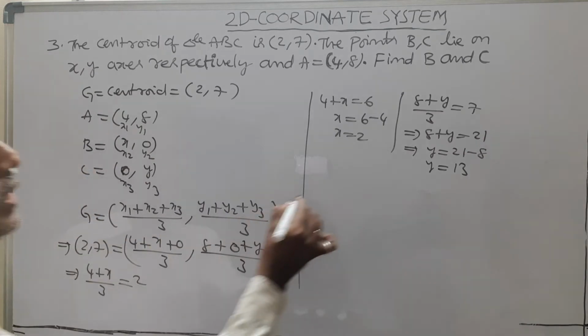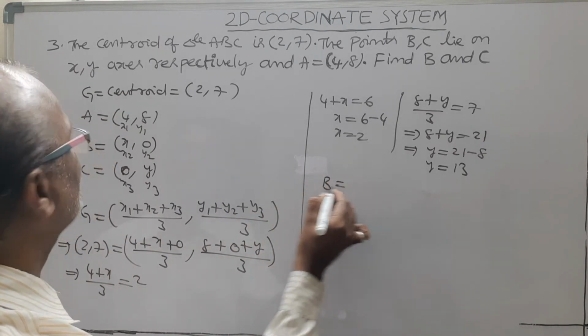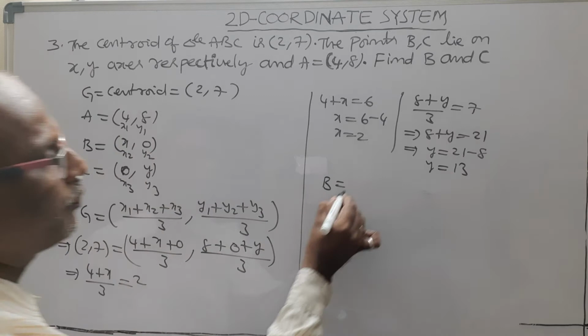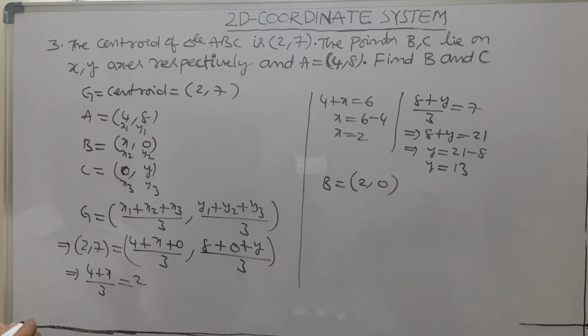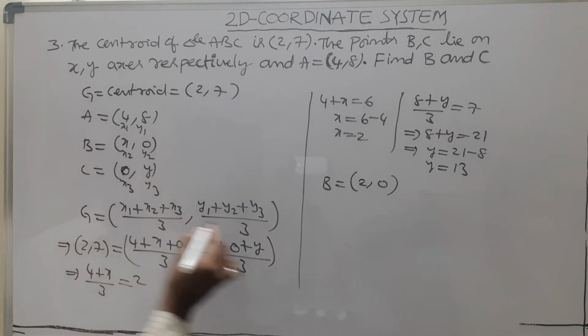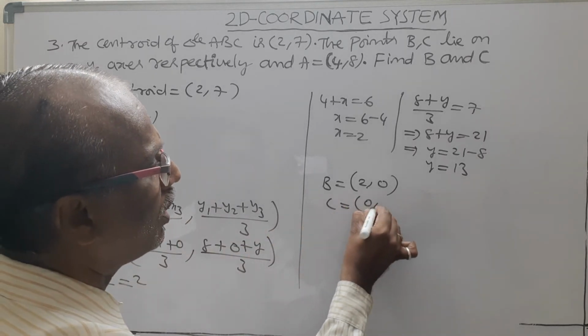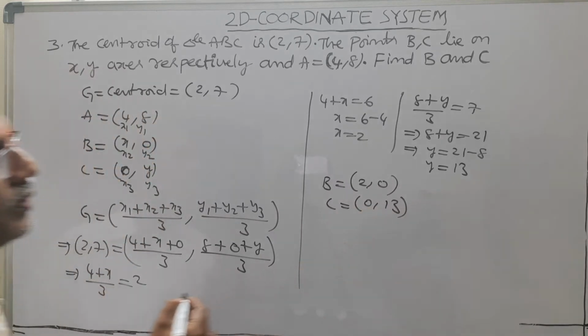The B coordinates: B lies on the x axis, the coordinates are (x, 0), here x value is 2, so (2, 0). And C lies on the y axis, so the coordinate is (0, y), which is (0, 13).